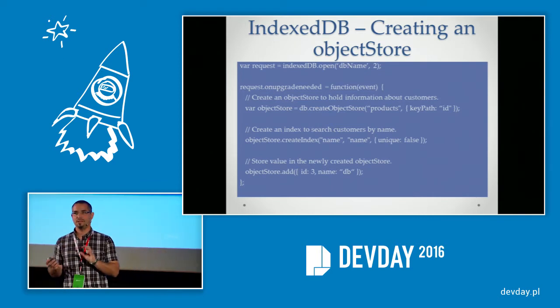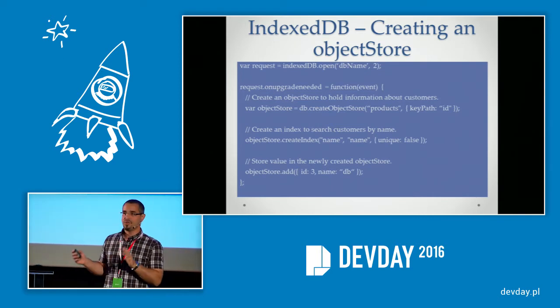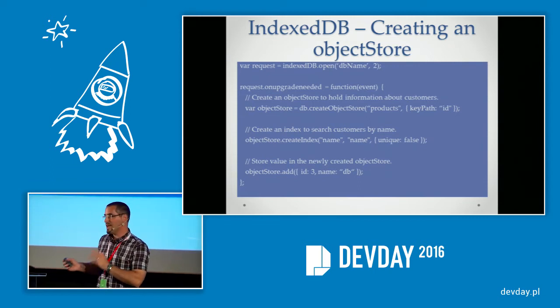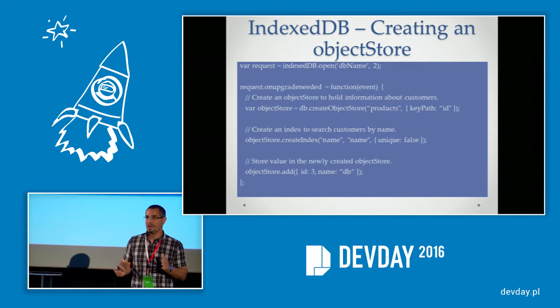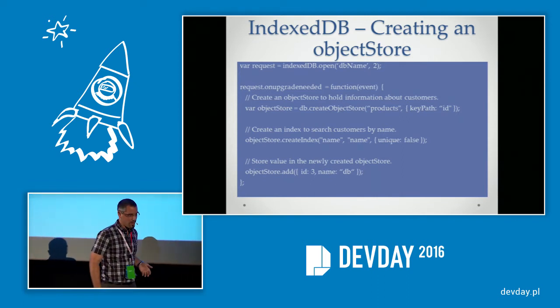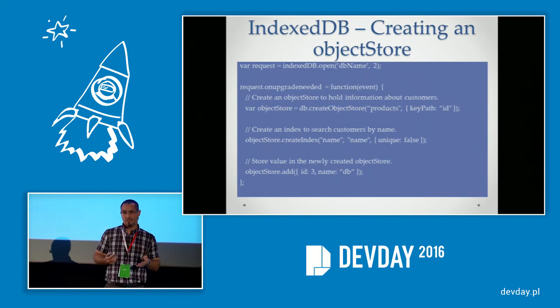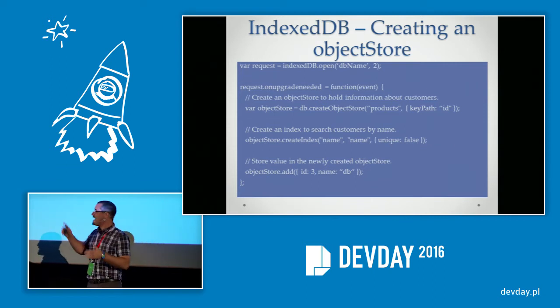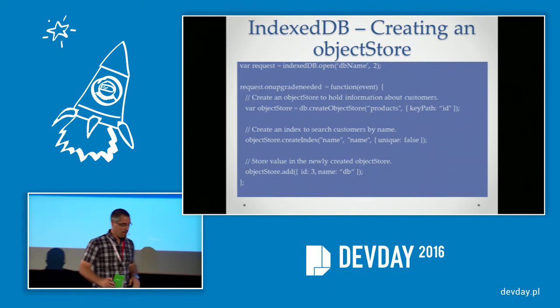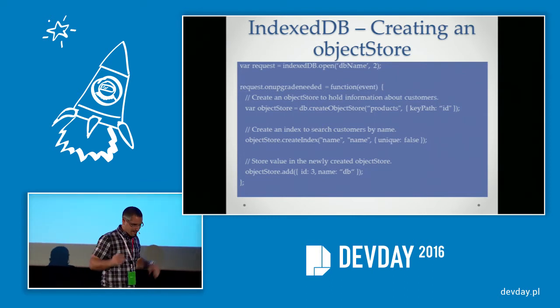For example, if I'm indexing an email, it should be unique. If I'm indexing a first name or last name, it can't be unique, or else I'll get exceptions while working with the object store. The object store has some functions that you can use. For example, in this slide, it's add. I'm adding a new object into the store, call it a table.